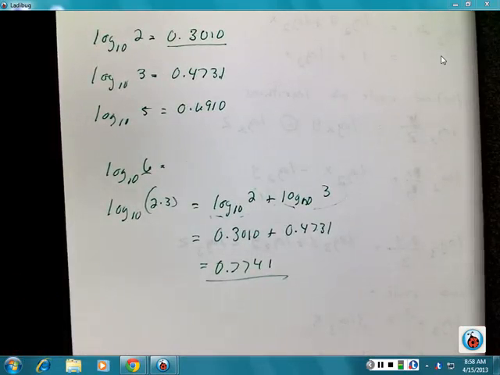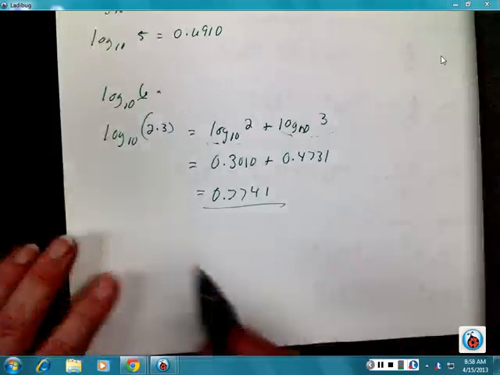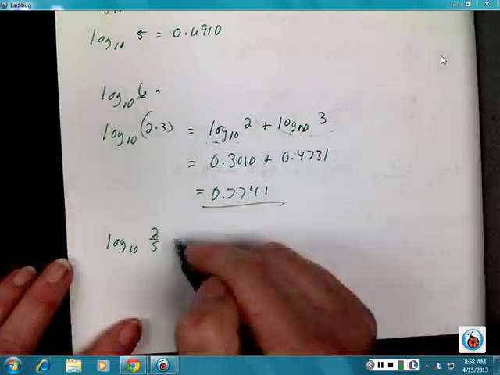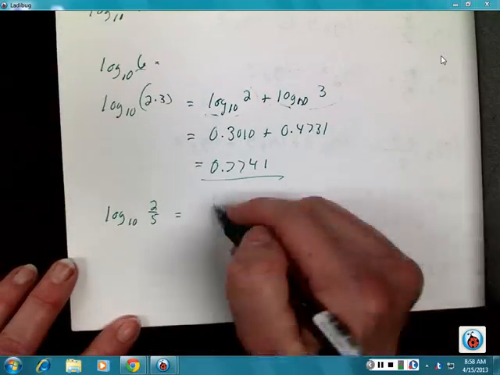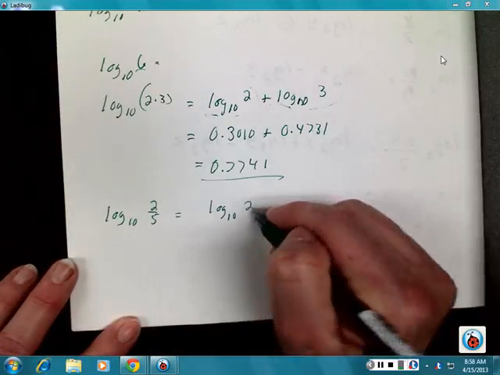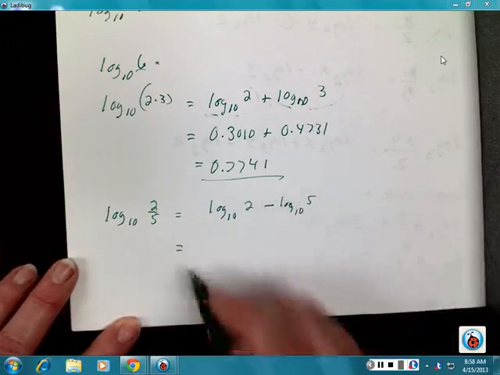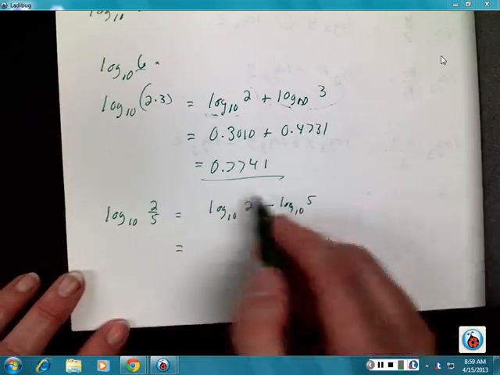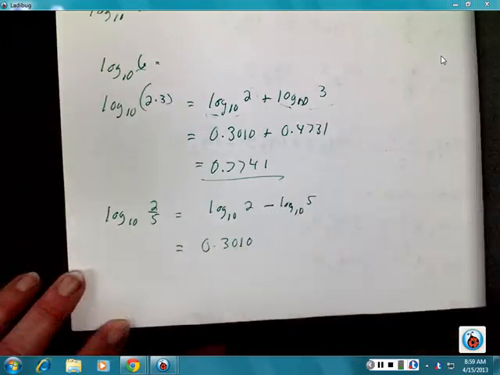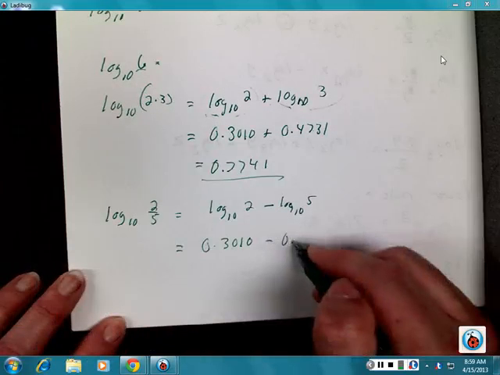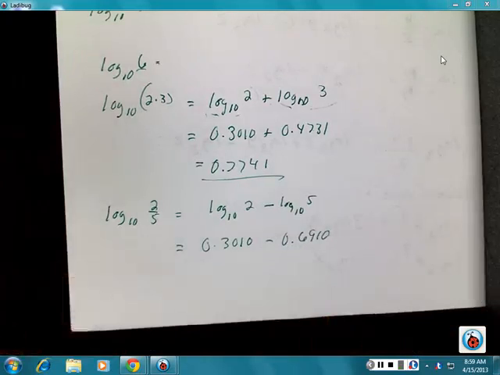Now, again, they went through and did division ones like that too. And so they may have had something like log 10 of 2 over 5. And if we have log 10 of 2 over 5, that is log 10 2 minus log 10 5. And they substituted in what each was equal to, 0.3010 minus 0.6910, and they came up with a solution to that one as well.